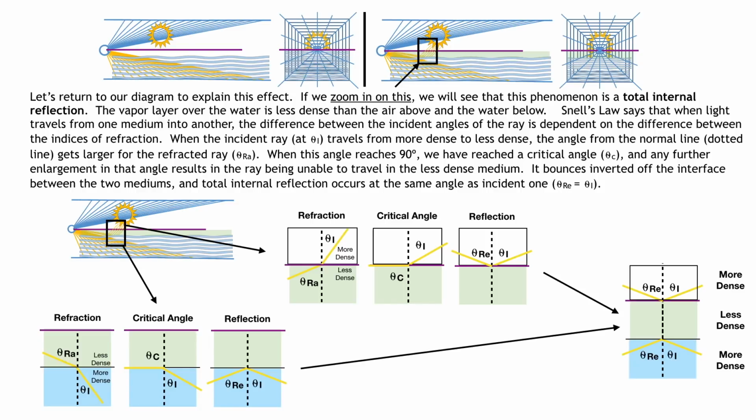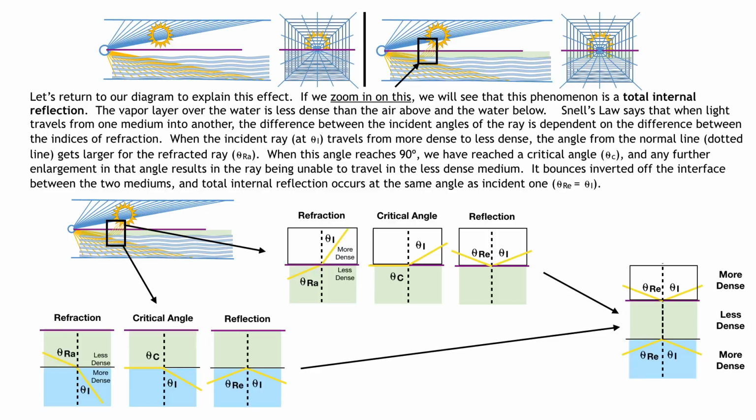When this angle reaches 90 degrees, when you rotate the incident ray, it will come off at shallower and shallower angles. Let's say we're looking down at the lower left diagrams here, where the water blue is below and the green vapor layer is above, so the very corner left diagram.